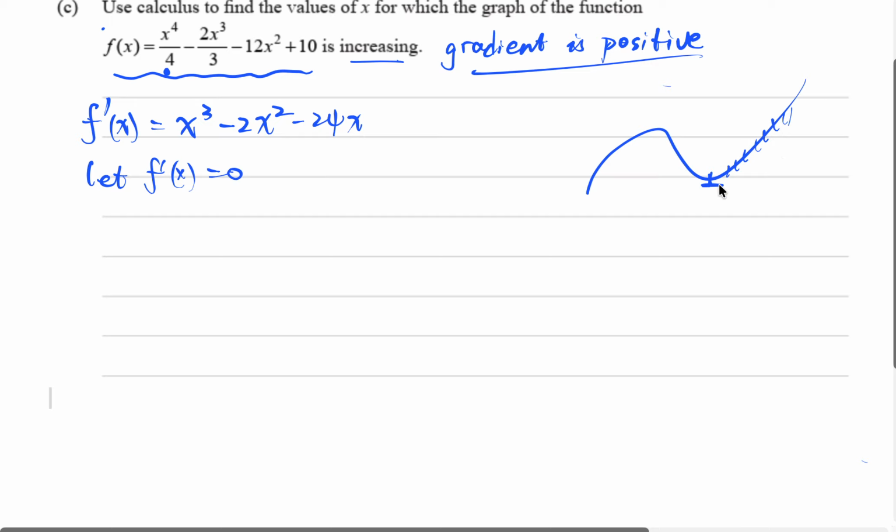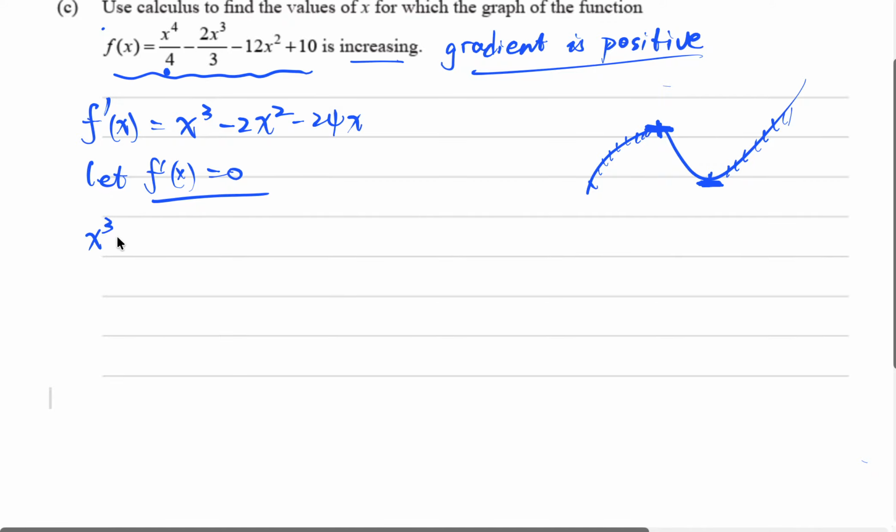It always comes from a turning point, and this part is also increasing. It also stops at the maximum point. So I need to locate my maximum or minimum point, using the gradient equals 0.